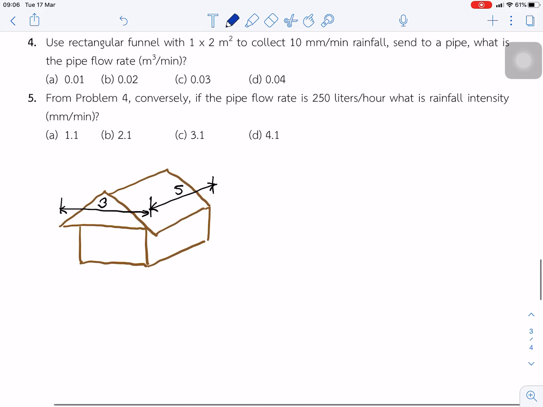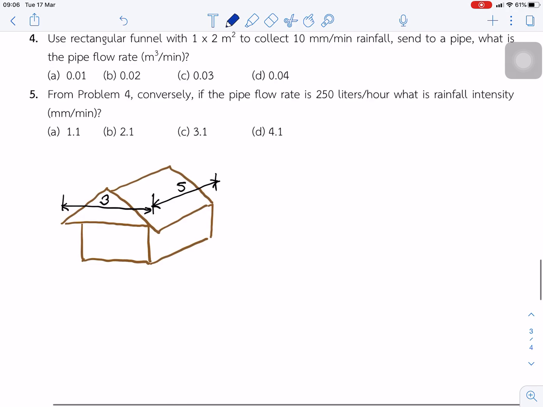And we collect the water from the roof to put in the container.